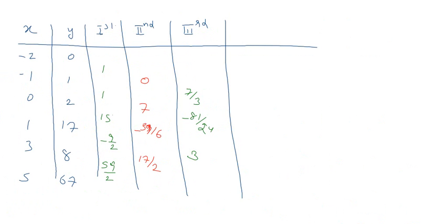Now for the fourth order divided difference, if I wish to find it, I am again going to use these two values. So minus 81 by 24 minus 7 by 3 divided by, what will be in the denominator?